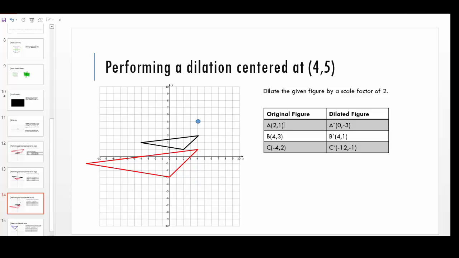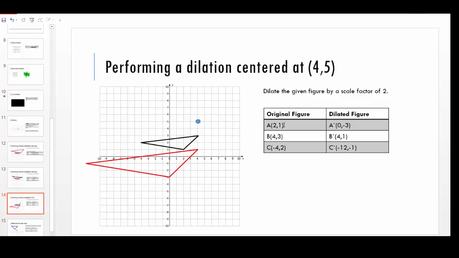You count the distance from the vertex to the center of dilation, you double that distance, and then you subtract it from the x coordinate and then subsequently from the y coordinate. So again, for A's coordinate, A was 1, 2 away from the center point 4, 5.